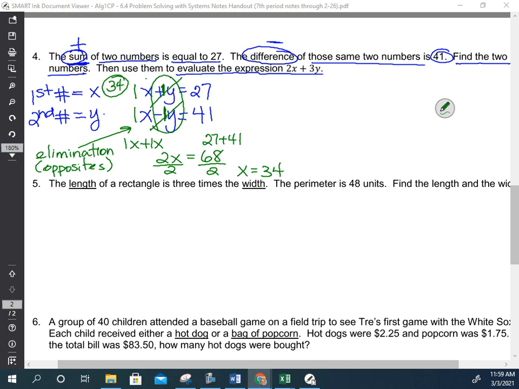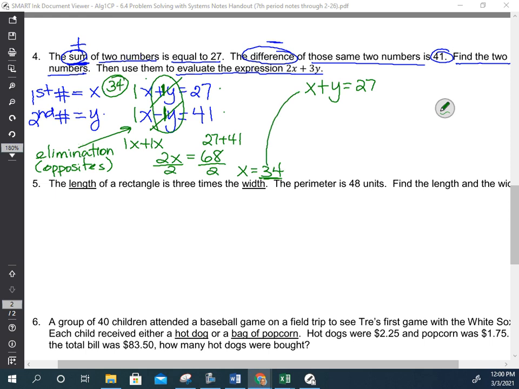Okay, we still got to find the other number. We got one of the numbers. How do we get the other? Plug it in. Does it matter which equation we pick? No. So, I'm going to pick the first equation. Why? I felt like picking the first equation.